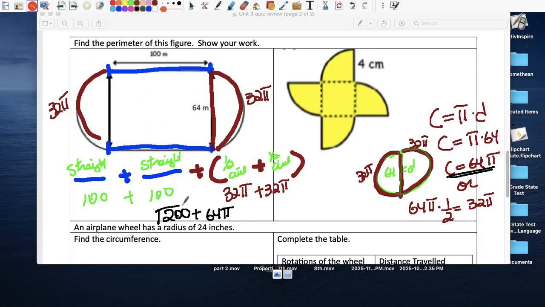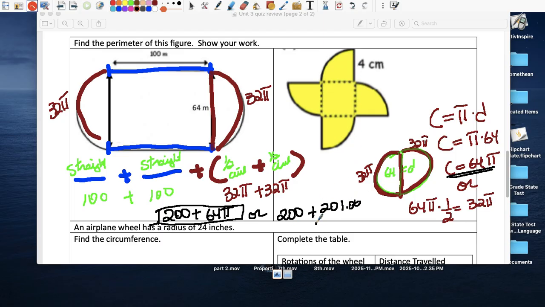You can leave your answer like this, or depending on what they ask you, you may not want to leave it with pi. So you can take 200 plus, and let's multiply 64 times pi, and we get approximately 201.06.